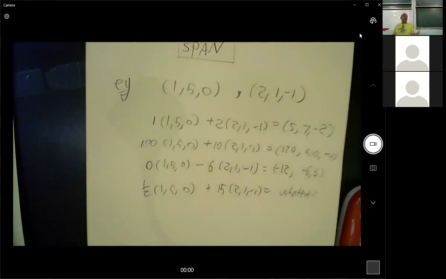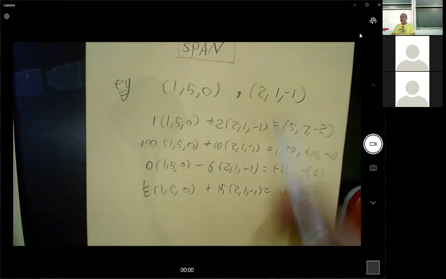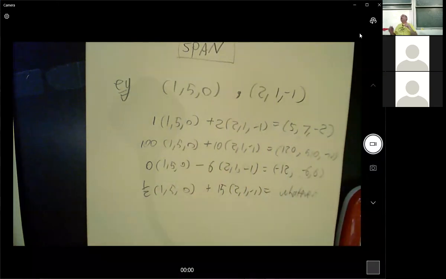These are all linear combinations of the original 2 vectors. That vector is a linear combination of those 2. That's a linear combination of those 2. That's a linear combination of those 2. If I imagine all the possible answers that could happen if I did linear combinations, all of those things together, that's the span.